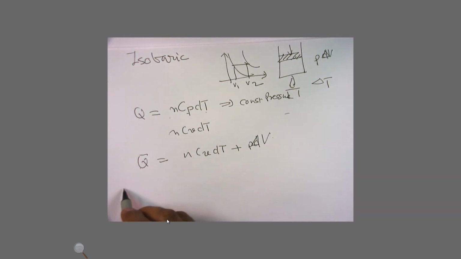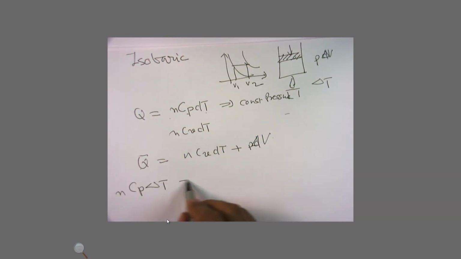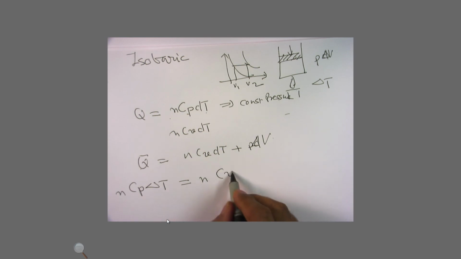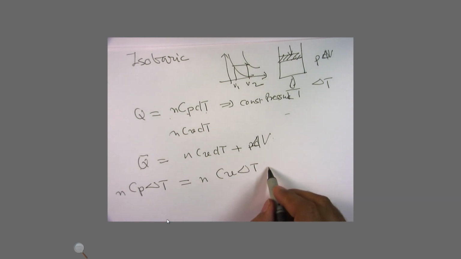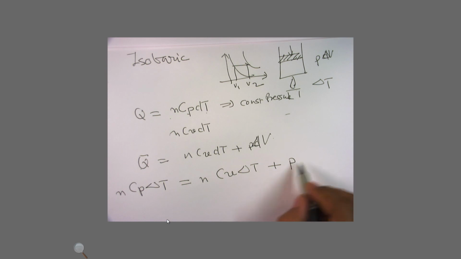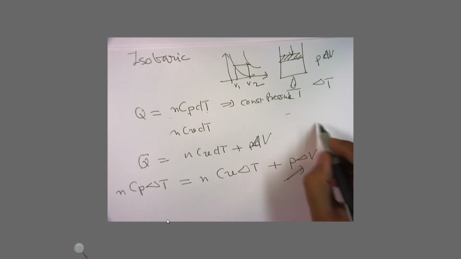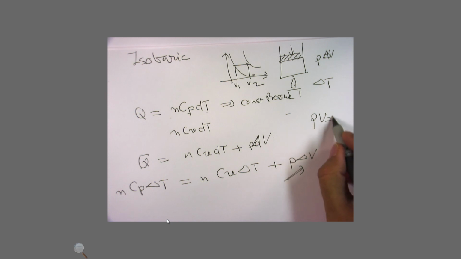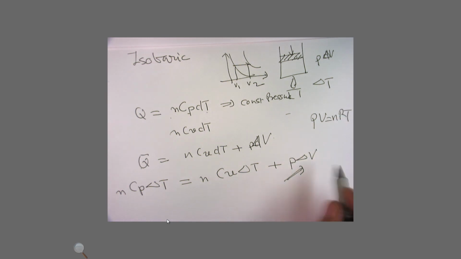So, now we have an equation where n Cp delta T is equal to n Cv delta T plus P delta V, and now you know PV is equal to nRT. So, now we are going to divide this whole equation by some of the quantities.